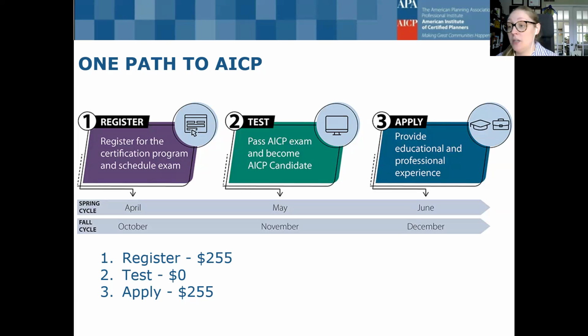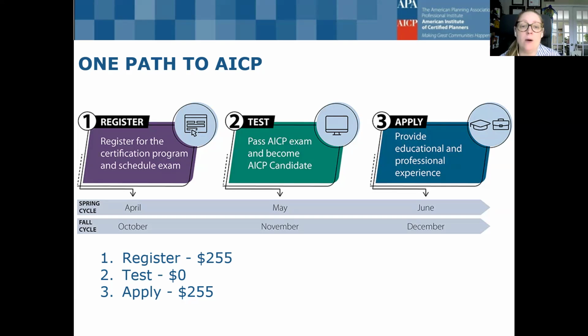So right now, you might be getting ready to register and then sit for the exam in May, which would be great. Or you're going to be getting ready in June to apply, or you're just starting to look at this process and want to know what it's about, and you might be looking at the fall cycle, or even further on.